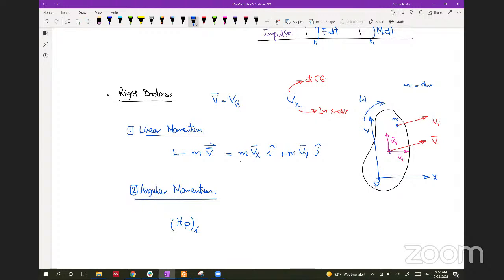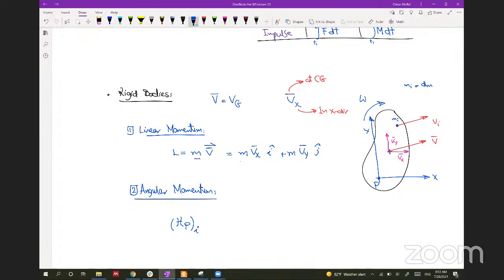I put i down there because this is not for the entire body. This is only for this small mass i. And I'm doing this because it's different from the linear momentum. Here I multiply the entire mass by v. So what I will do is take a very small mass, and then integrate to get the angular momentum of the entire body.